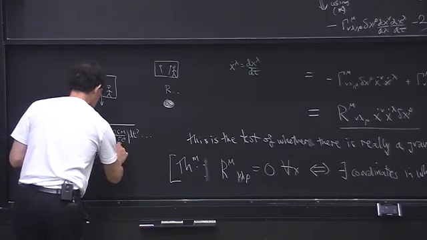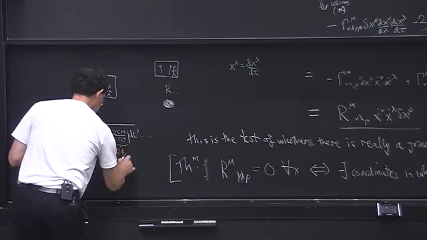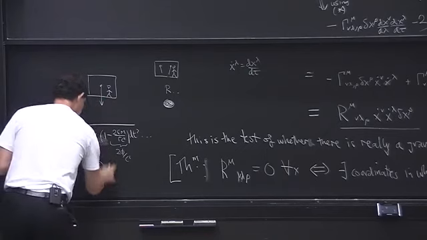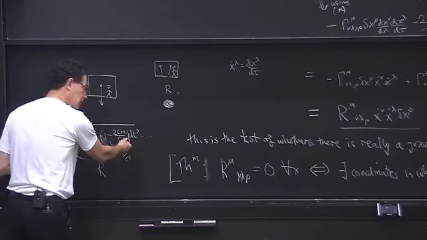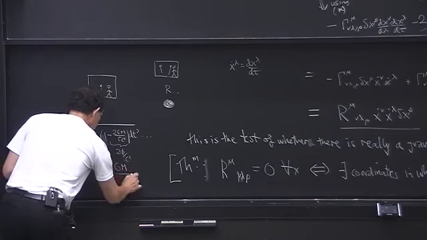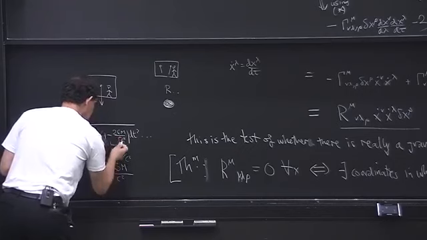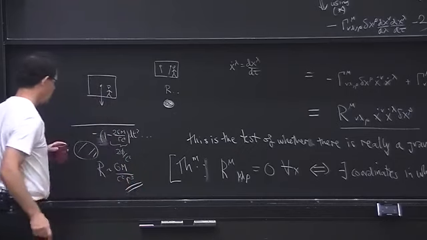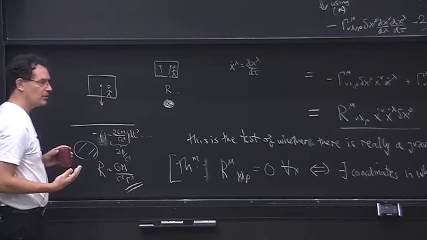And so this was the 2 phi over c squared. So the Riemann tensor is the second derivative of the metric. So the magnitude of it would be GM over c squared, two derivatives of this, so it's r cubed. That's the strength of the Riemann tensor.